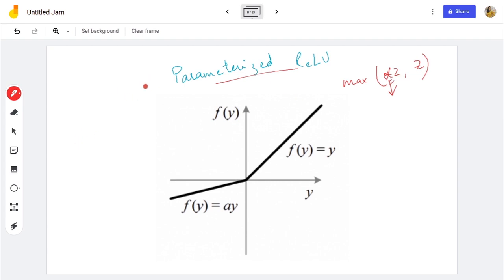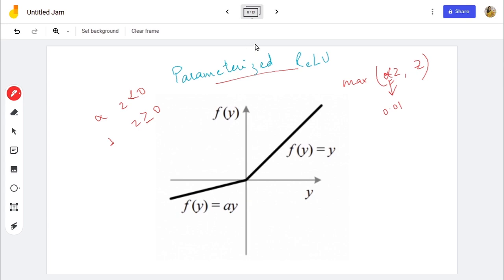This is very similar to leaky ReLU. If alpha becomes 0.01, this becomes leaky ReLU. And the derivative is alpha if z is less than 0 and 1 if z is greater than or equal to 0.